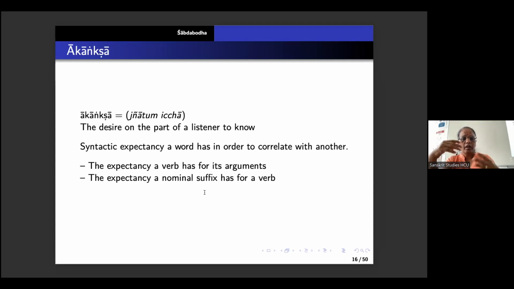And when he listens to the words a cow after the word bring, he knows that this cow is in object position in English, or if it is in Sanskrit, there will be an accusative case marker, and that accusative case marker will trigger an expectancy in the mind of the listener, and he will connect it with the verb. So this kind of syntactic expectancy we are talking about. So this is the ākāṅkṣā.